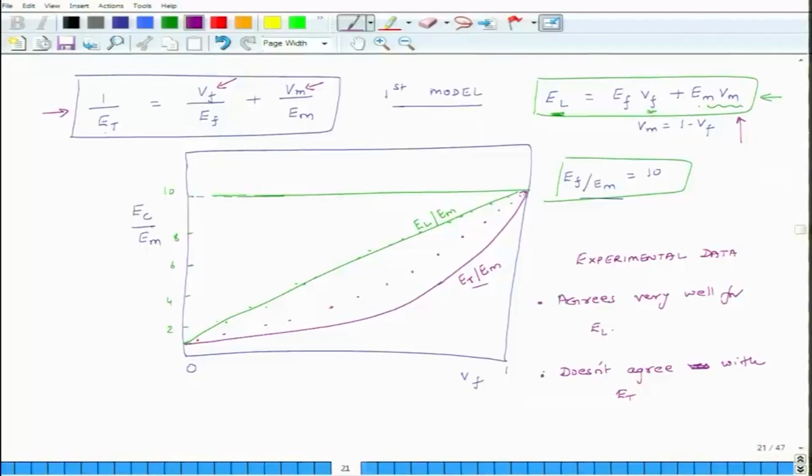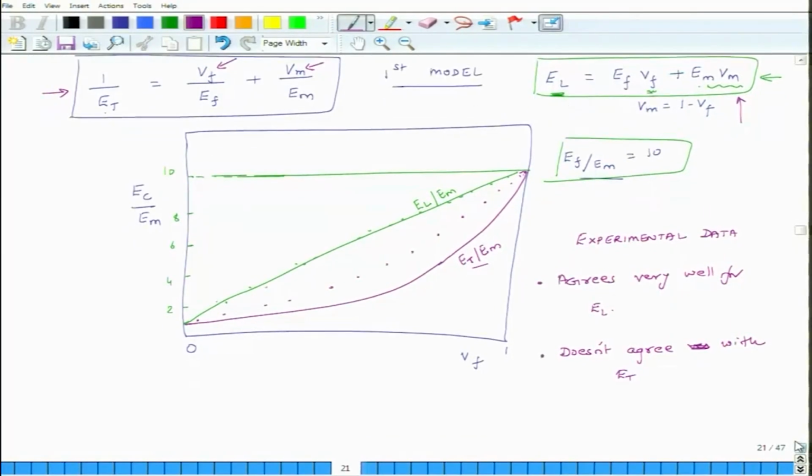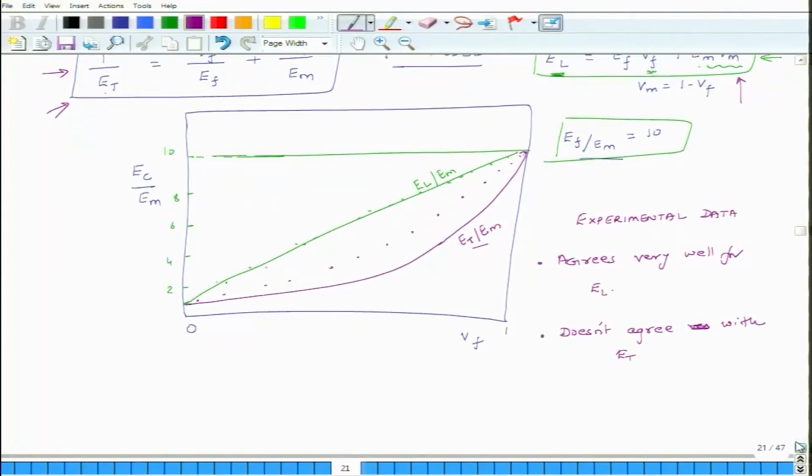This is important to understand, which means our model for ET is not a good model to predict this value. Our model for ET is not good enough, so we do not want to use this expression for computing ET.